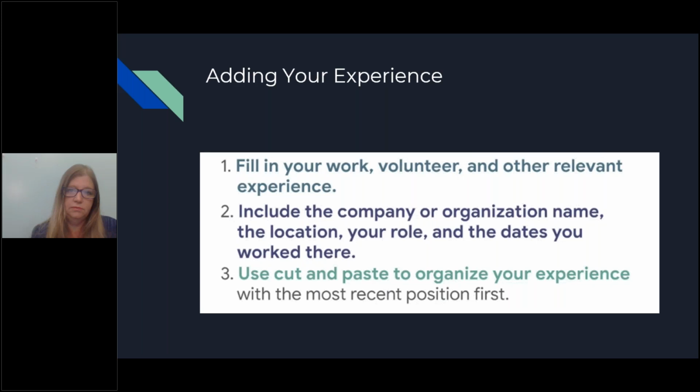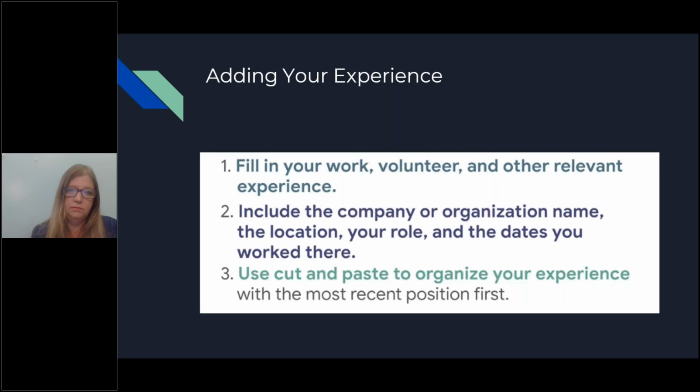If you've had a lot of jobs, it's easy to delineate that work experience, but sometimes it can be more challenging for a young adult who's writing a resume for the first time to try to get a scholarship or something like that. So for your job experience, you're going to want to include your company or organization name and the location, your role, and the dates you worked there.